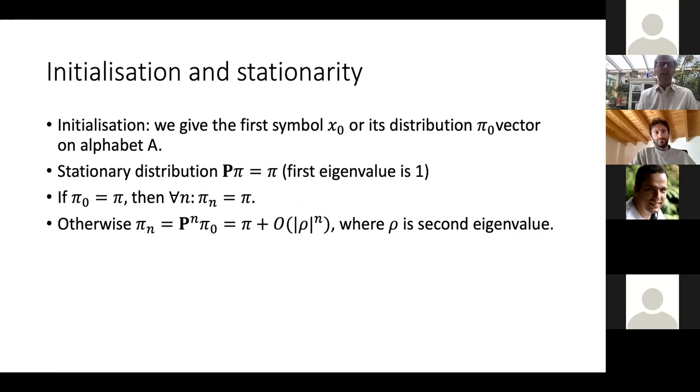Very quickly, you know that there is a stationary distribution, which is the eigenvector of the transition matrix, because the first main eigenvalue is 1. And we know that the distribution of a symbol at the nth position is given by the iteration of the matrix on the initial distribution, and it converges to the stationary distribution exponentially fast, where rho is the second eigenvalue, which is of modulus smaller than 1.